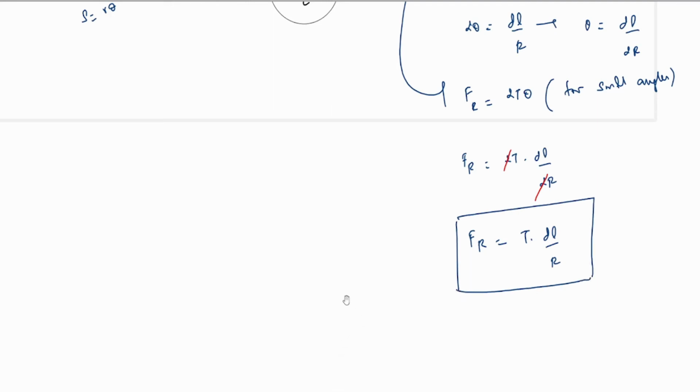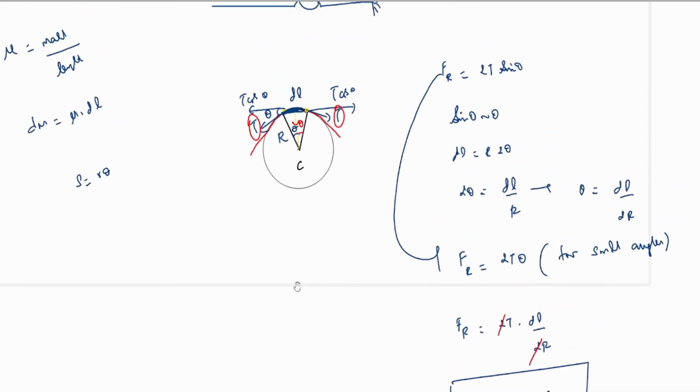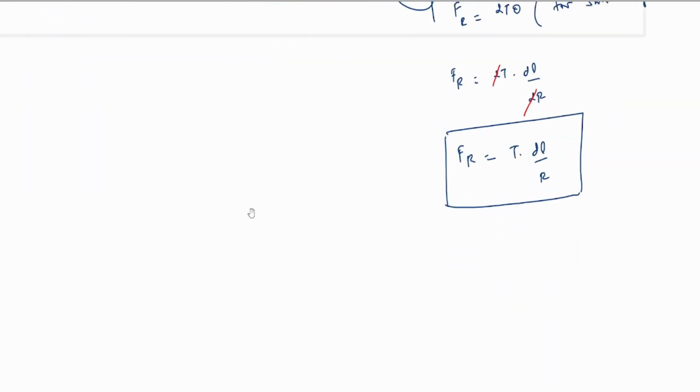Now this restoring force is the centripetal force which would cause the particle or the wave to move. In the case of a centripetal force, the acceleration AC is given as v square by r.